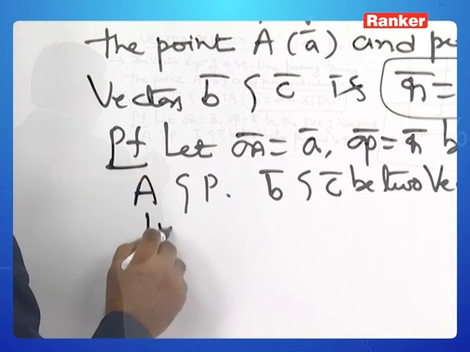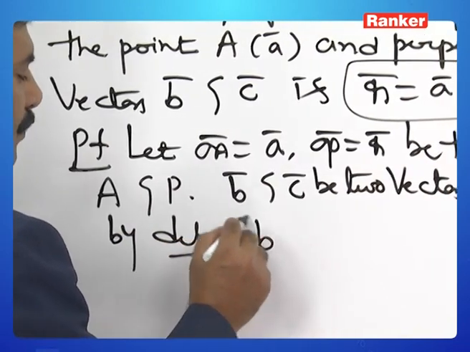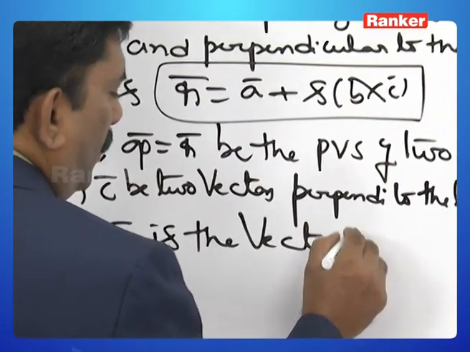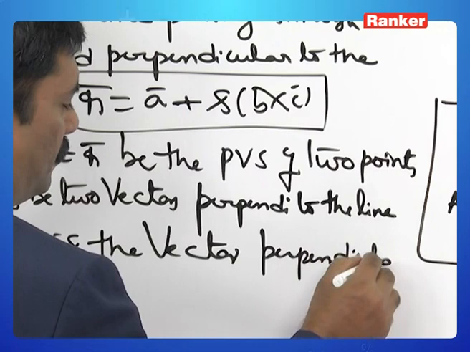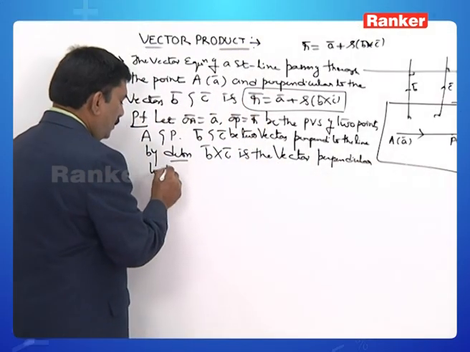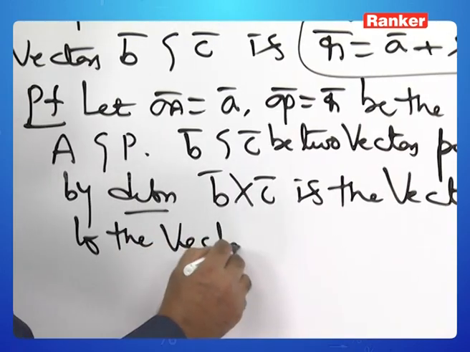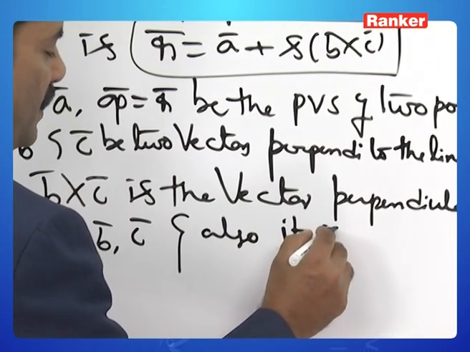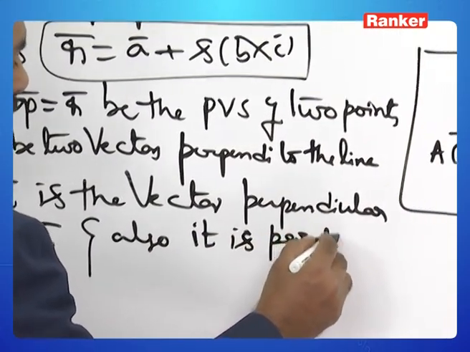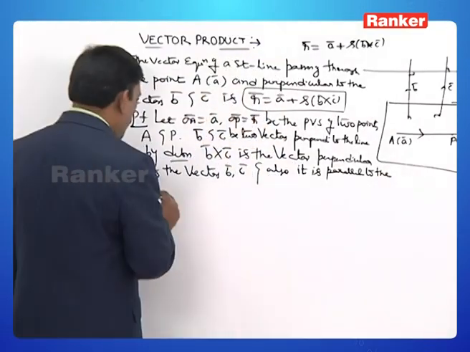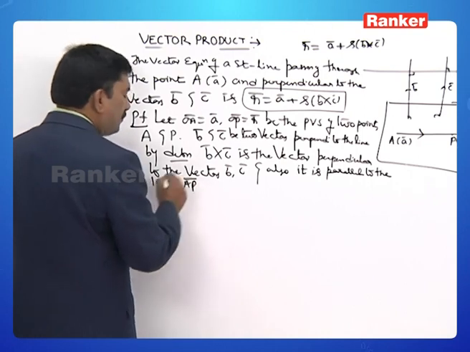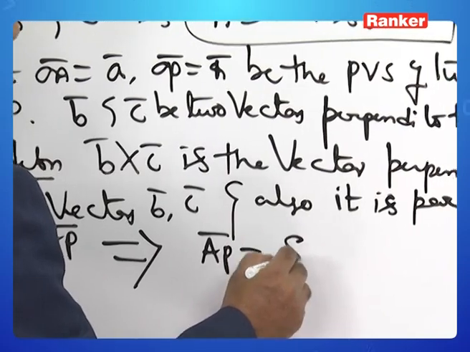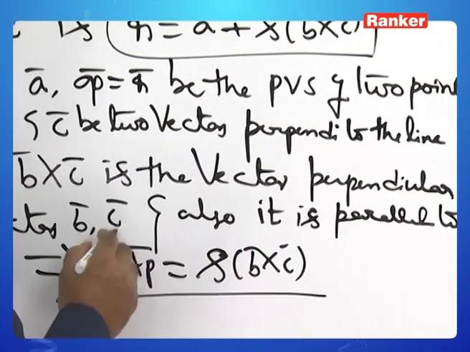Then by definition, B cross C is the vector perpendicular to the vectors B bar comma C bar, and also it is parallel to the line AP bar, which implies one vector can be expressed as a scalar multiple of another vector.